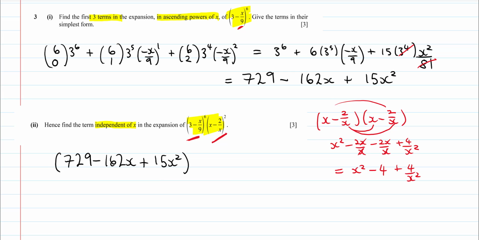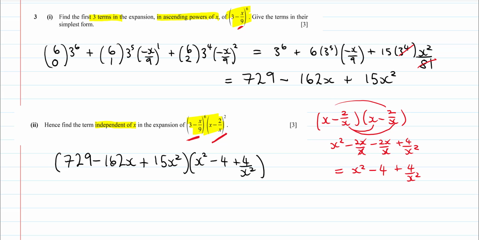So coming back to our problem, we're going to have 729 minus 162x plus 15x squared times x squared minus 4 plus 4 over x squared.